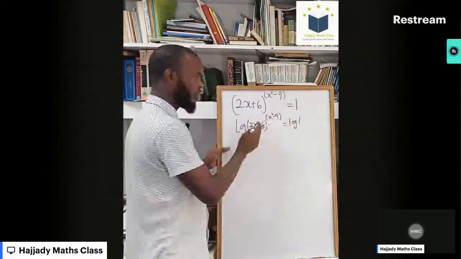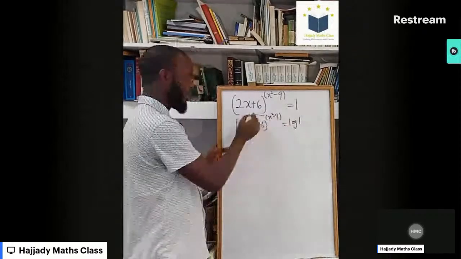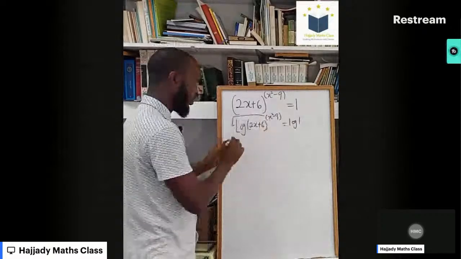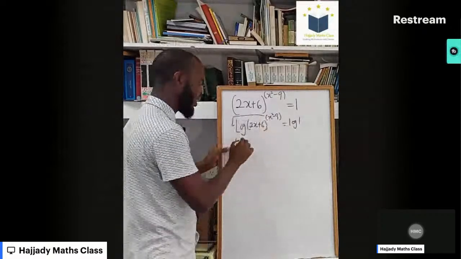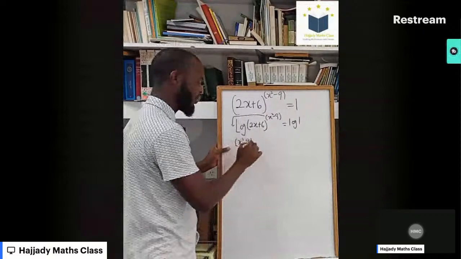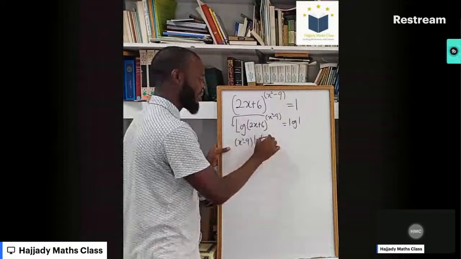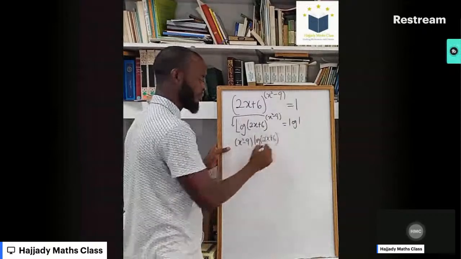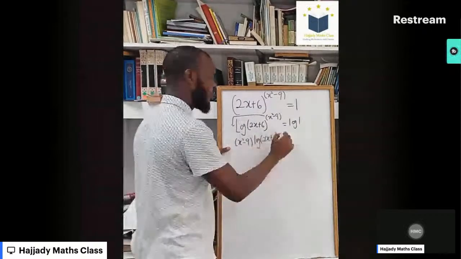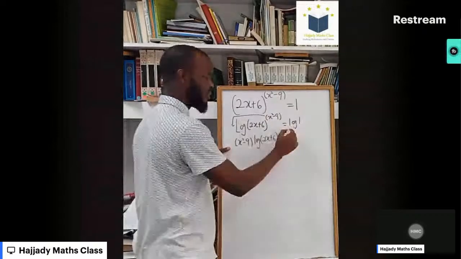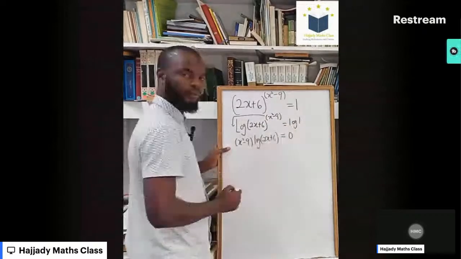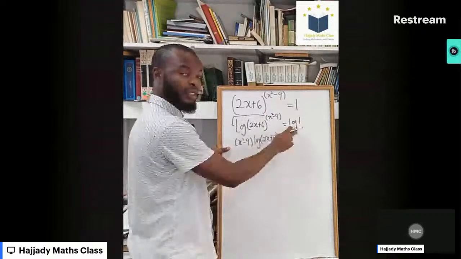So the rule of logarithm, then we can move this down here. So here I'm going to have x squared minus 9 log 2x plus 6 equal log 1 is the same thing as 0, provided it is in base 10.